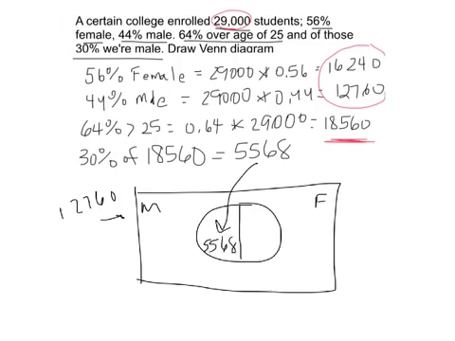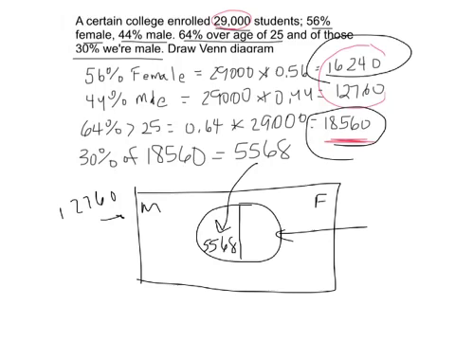And so those that are over 25, how could I find the females? Well, we found the value for those that are over 25, and then of course we have the amount of females.